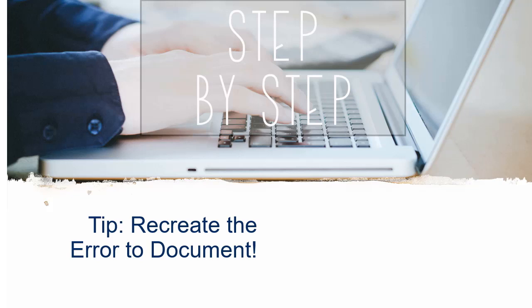They count on us for that. And so they will return incidents to you if they feel the documentation is insufficient. So do yourself a favor and always capture this information.